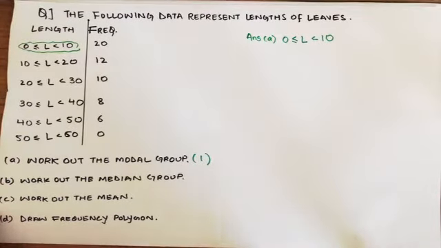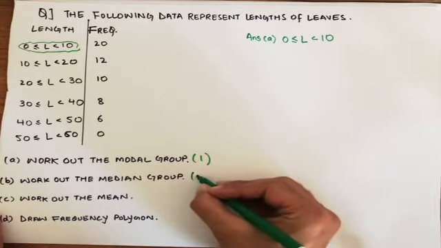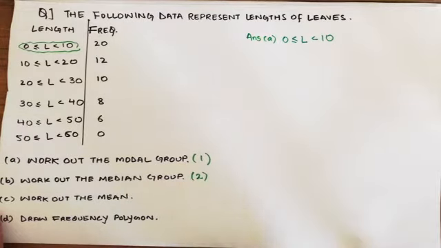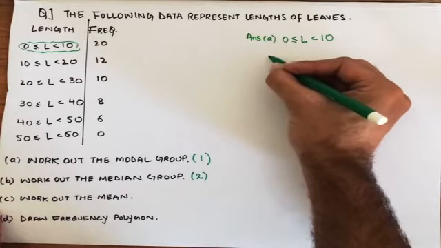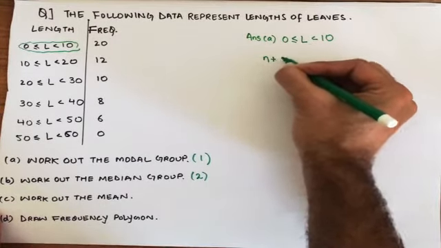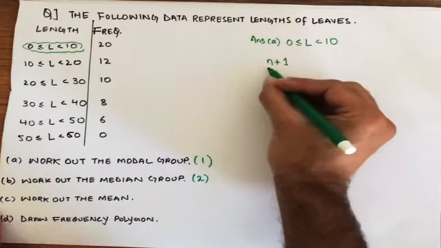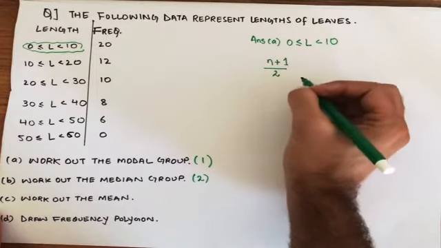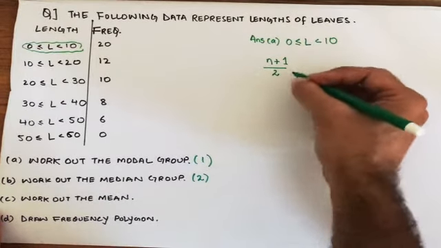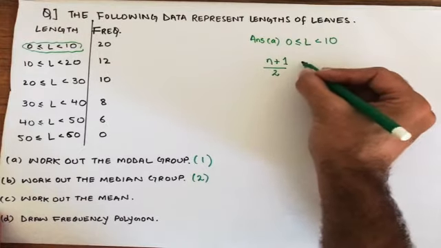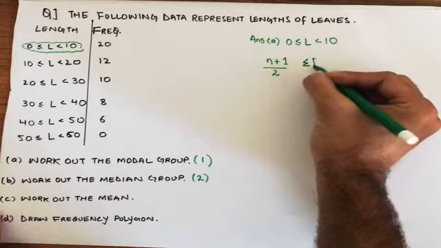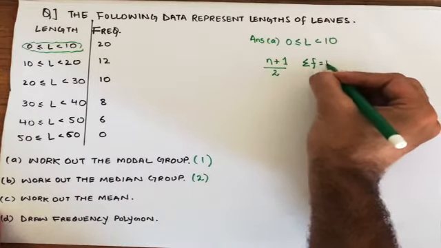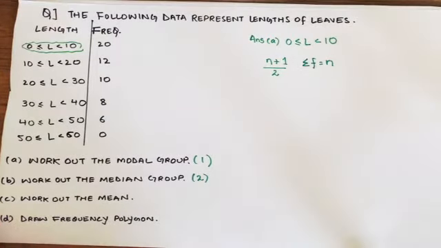The median group. Alright, this would be 2 marks. For the median group, we have a formula for median position, that is n plus 1 divided by 2. N here is your total frequency, so summation f is also called n.